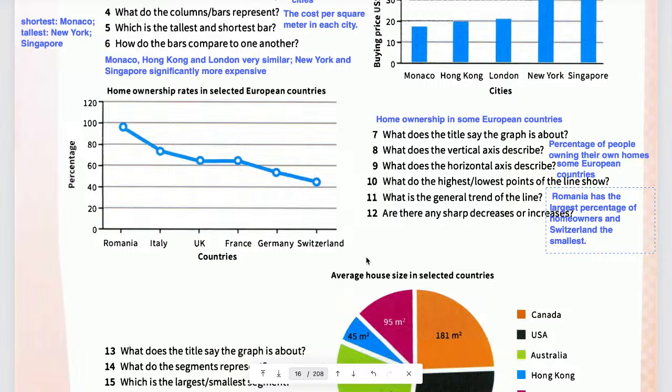You understand? Otherwise, it can be anything. The percentage of what? Because you say the percentage of the whole country, so it doesn't mean anything. Okay? Be very careful, guys.